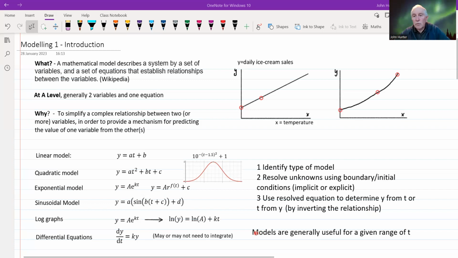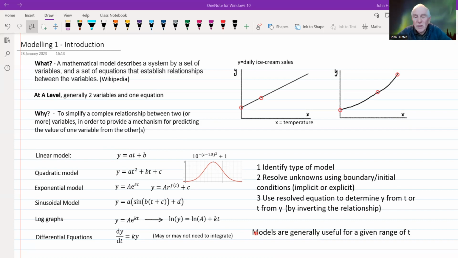Now, the other thing to say, I think, is simply that such models are usually useful within some range, and outside that range, they will start to fall down, because the underlying assumptions basically no longer hold. And again, going back to the infectious diseases situation, these things grow exponentially at an early stage, but eventually other things start to happen, like immunity sets in, or a population runs out of resources for growth, like a colony of rabbits.